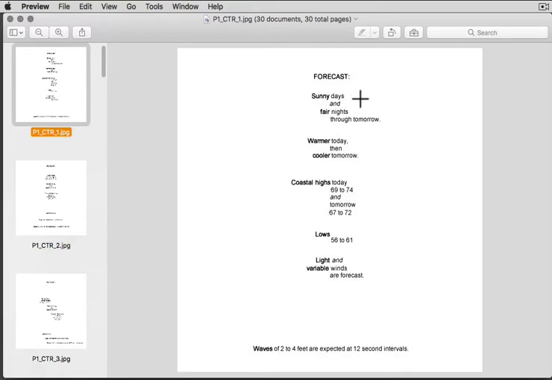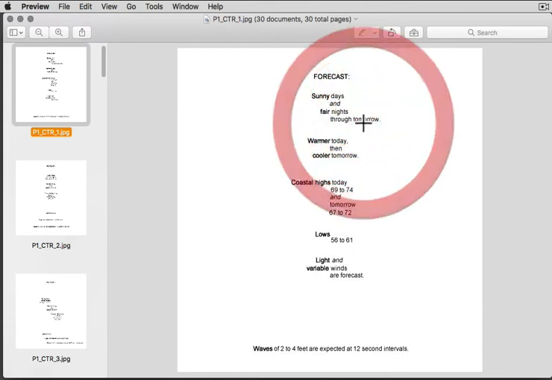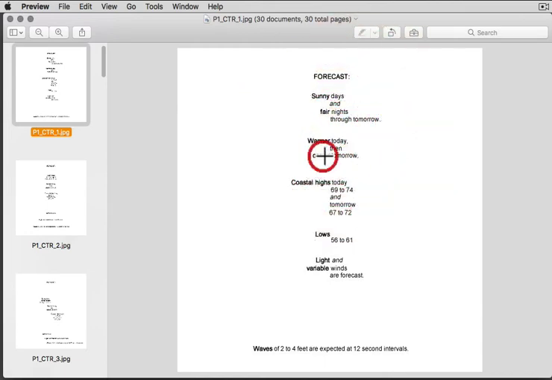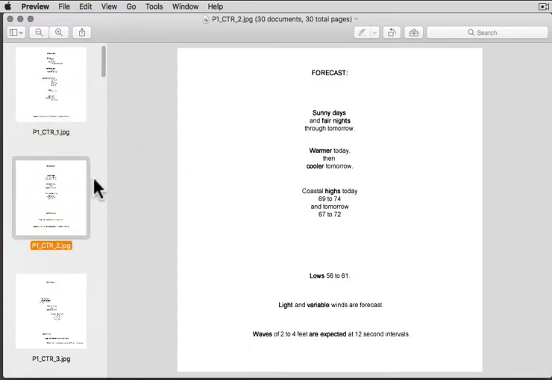And you'll find a lot of proximity opportunities when you break the lines into multiple. So sunny days, fair nights through tomorrow, warmer today, cooler tomorrow. So now the line breaks make a lot of sense in terms of how you're structuring the content. And then, by moving things together, creating a different kind of center alignment.